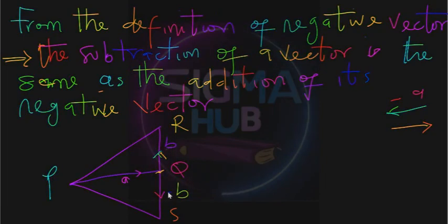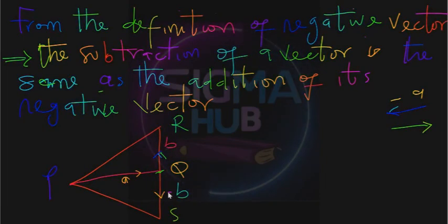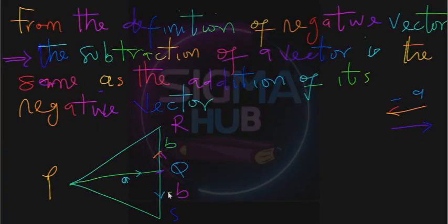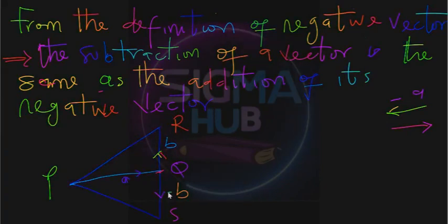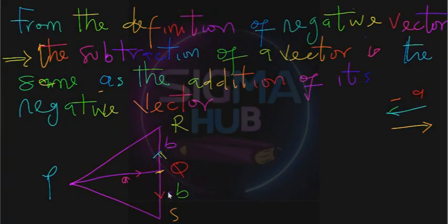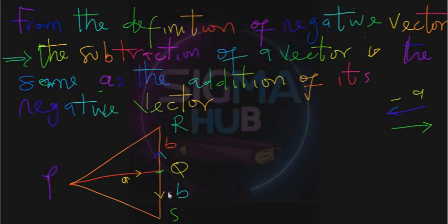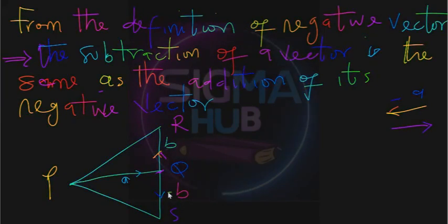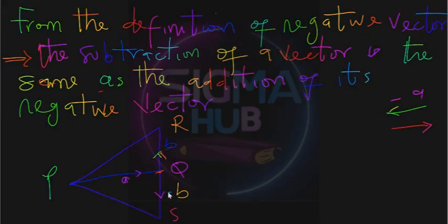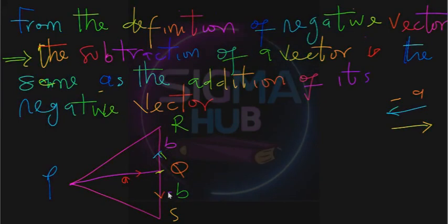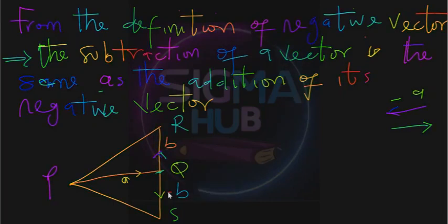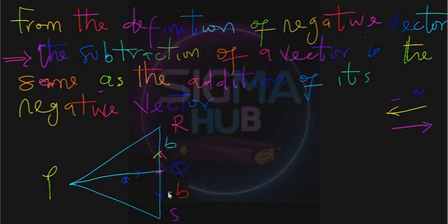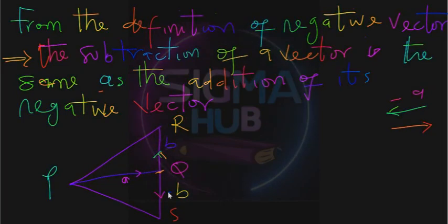Now let's quickly talk about the triangular law of vector addition. So in this case, we have two different triangles: triangle PQR and triangle PQS. Triangle PQR and PQS merged together because the whole triangle PRS has been divided into two using the line PQ in the middle. So let's quickly talk about triangle PQR.